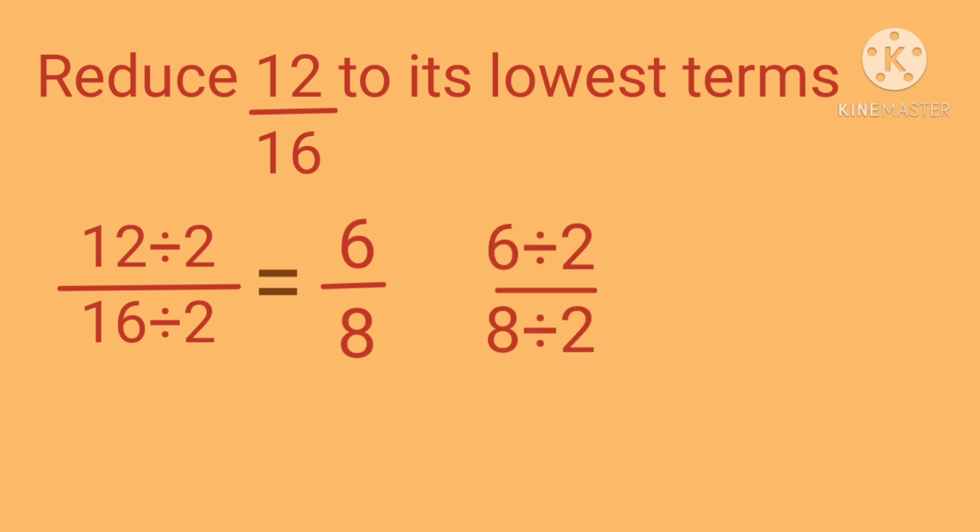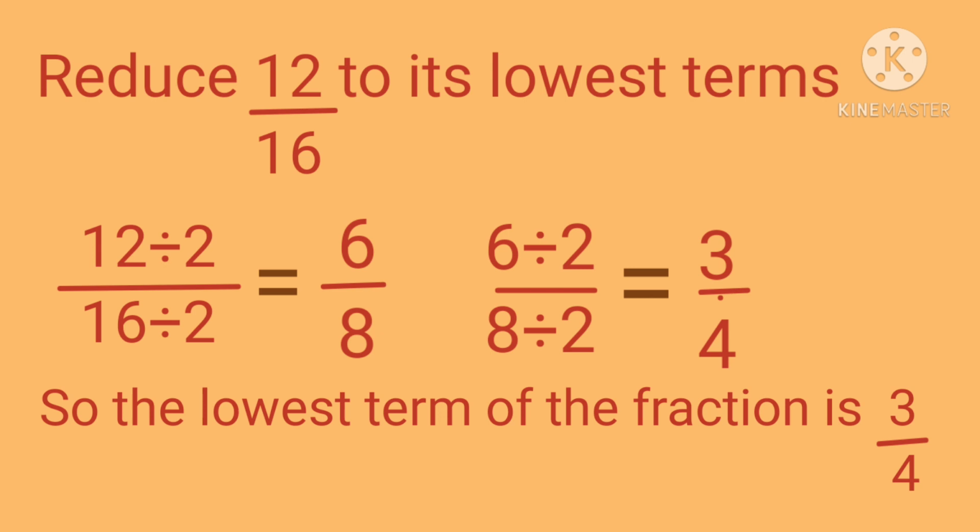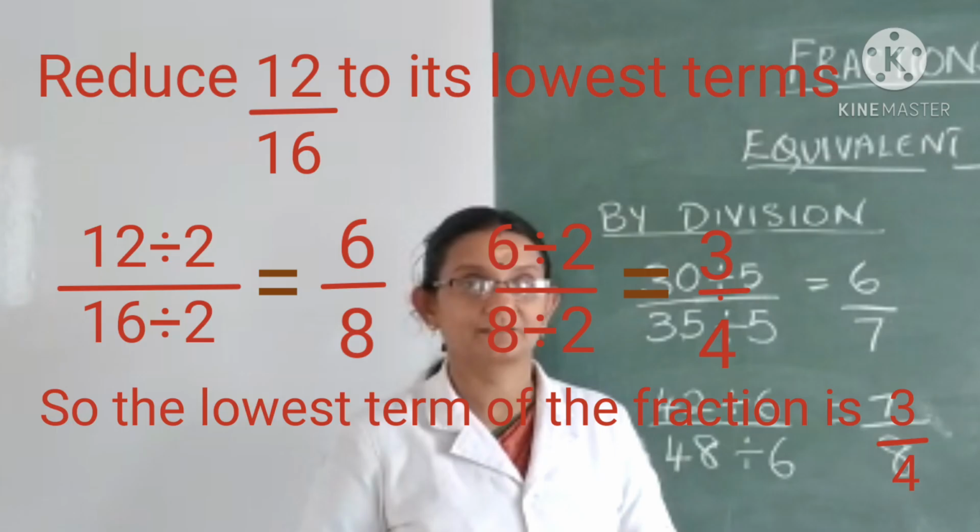So, divide the numerator and denominator again by 2. So, you get the answer as 3 by 4. Now, you can see that the fraction 3 by 4 cannot be divided further and the common factor is 1. So, the lowest term of the fraction 12 by 16 is 3 by 4.